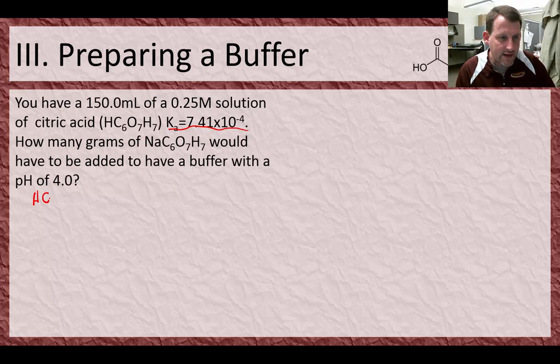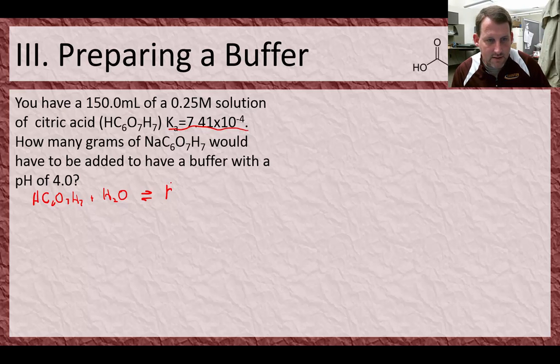So we say HC6O7H7 plus H2O. And one of these hydrogens is going to break off, so we're going to get H3O plus and C6O7H7. We lost that lead hydrogen, so this is now a minus.